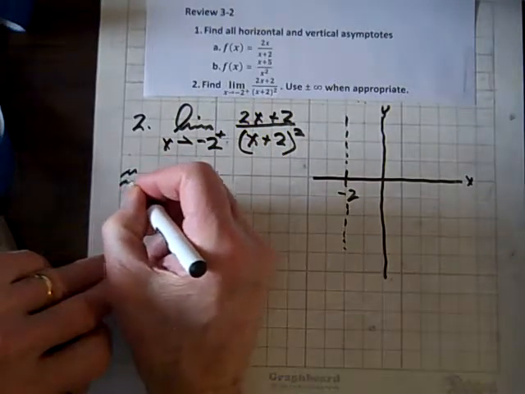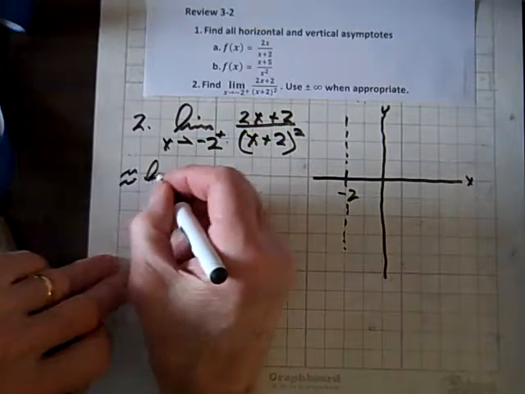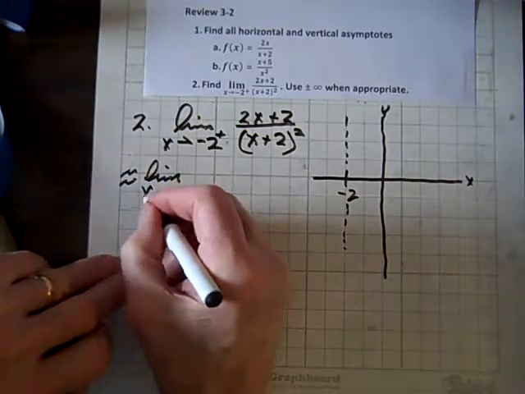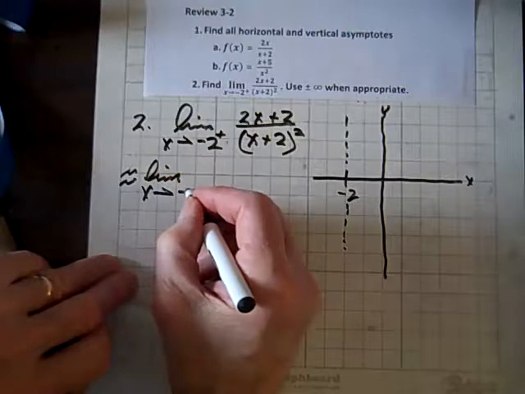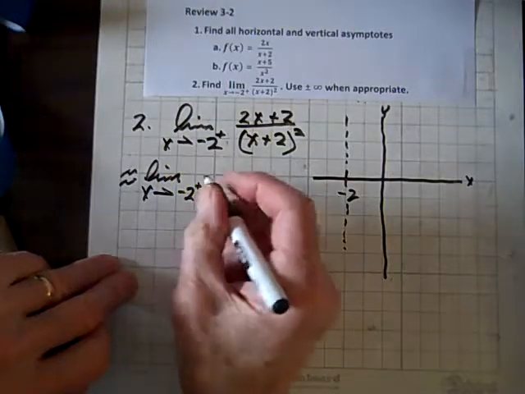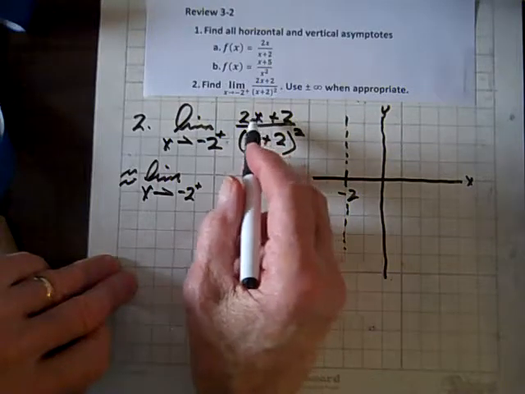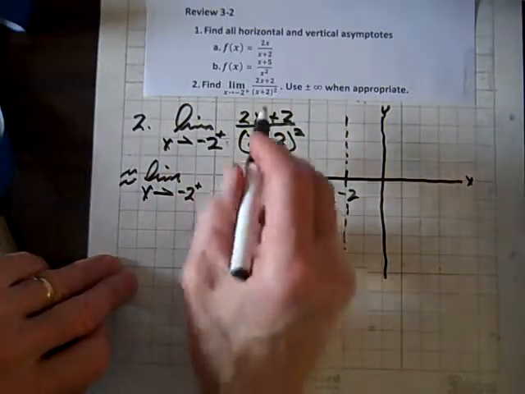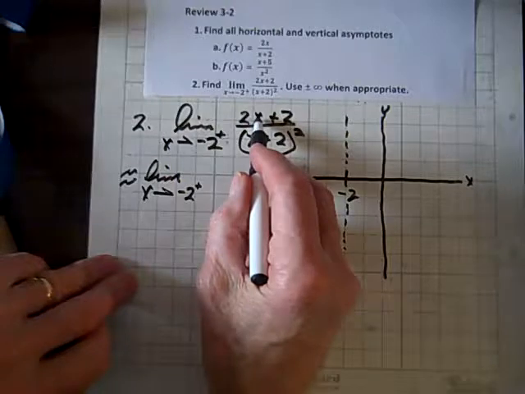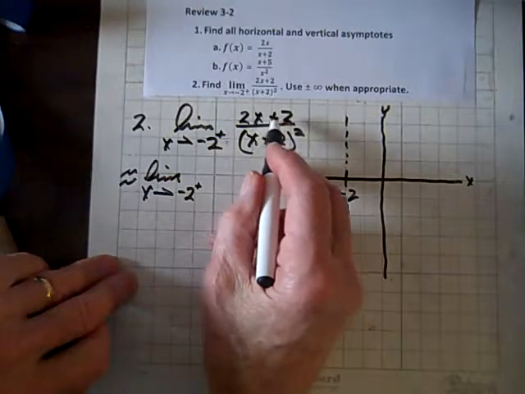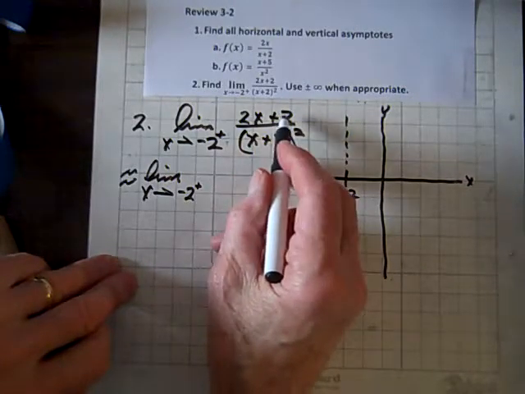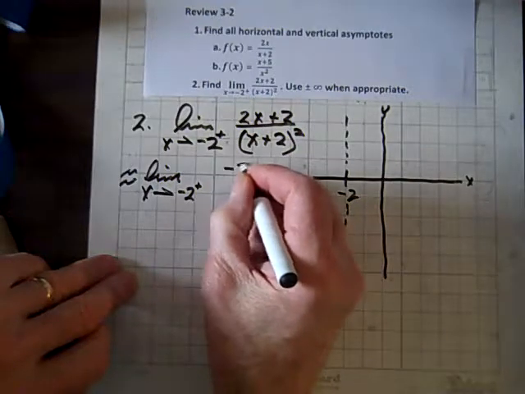So this equals approximately, and the reason I wrote that is because there's no harm done if we let the numerator take on the value of x equals -2. So 2 times -2 is -4 plus 2. -4 plus 2 is -2.